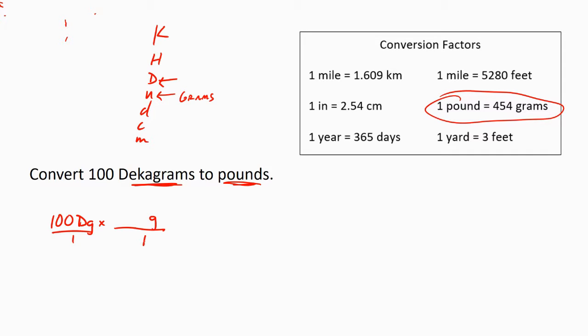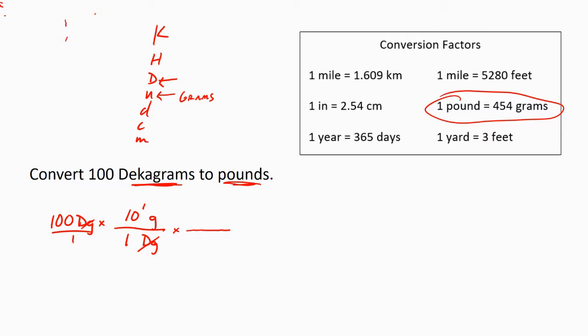We want grams, we got decagrams, we'll place those so they cancel. The higher up, in this case, is the deca, so it gets the 1. The lower down is our base unit, regular grams, and it only happens to be 1 spot. Now decagrams cancels, leaving us with just grams.